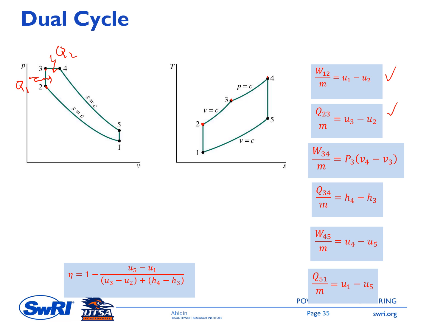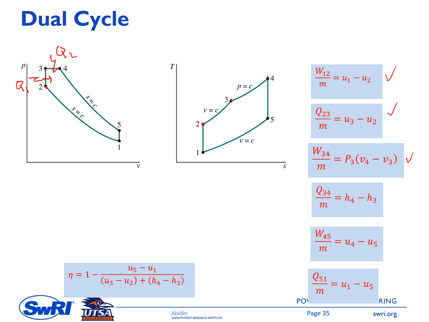Okay, and then Q23 is the heat addition at constant volume. So this is U3 minus U2. Then you have the first work, from the process connecting point 3 and point 4, W34.